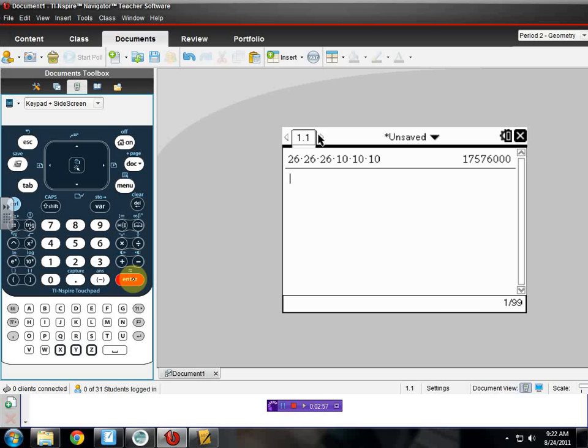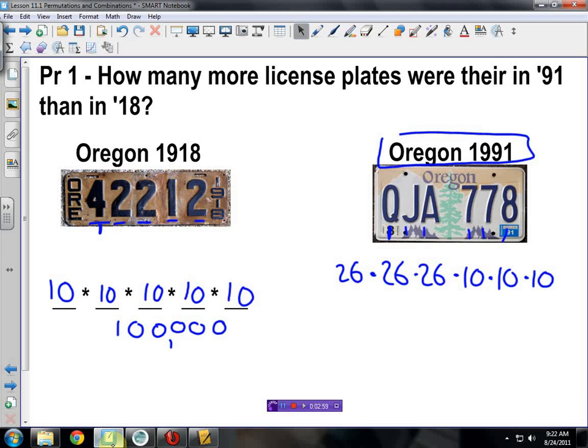17,576,000. So 17,500 and I think it was 576,000. If not, it's close enough. So obviously there's more. We went from 100,000 to 17.5 million.